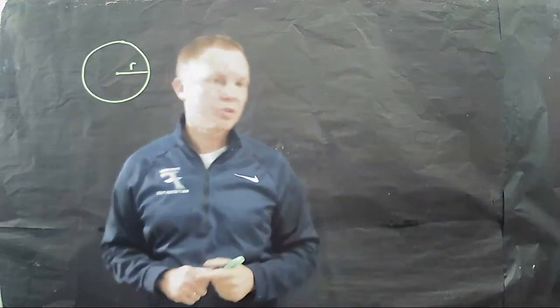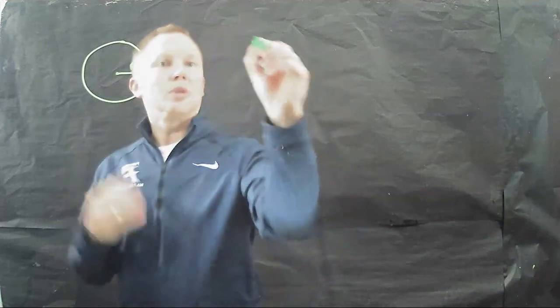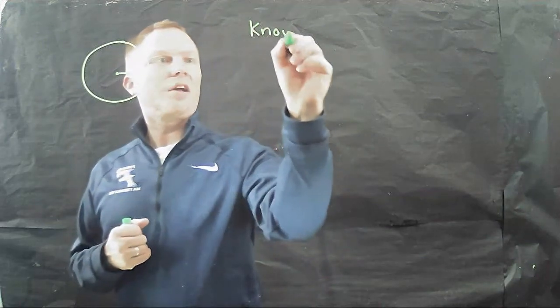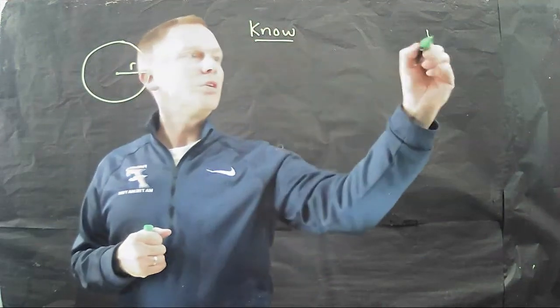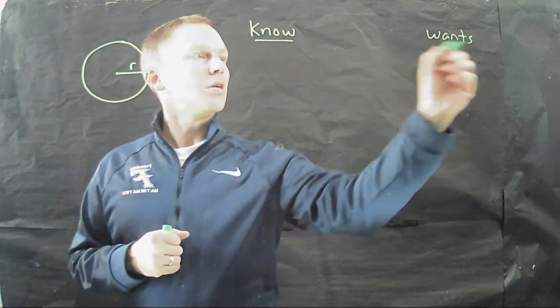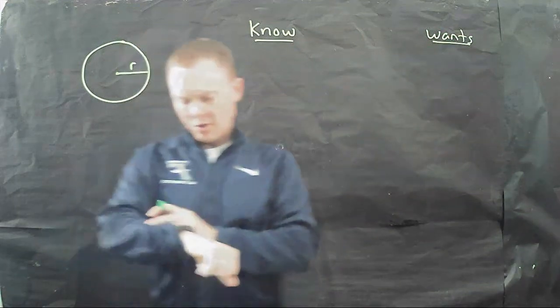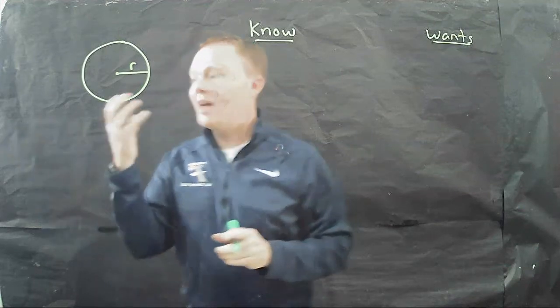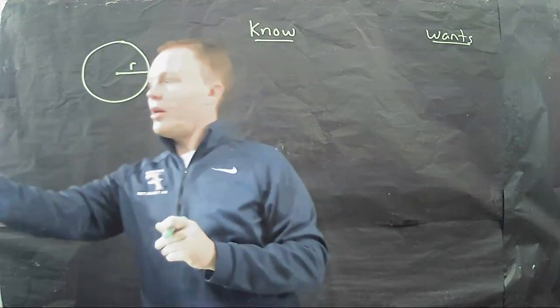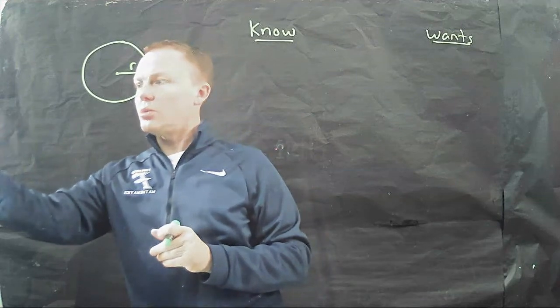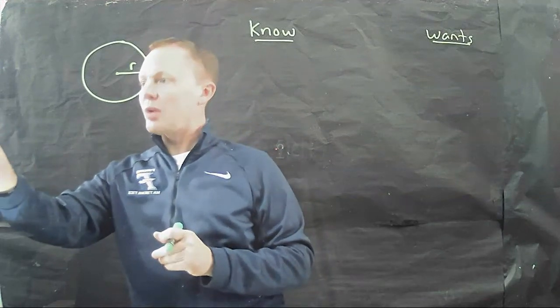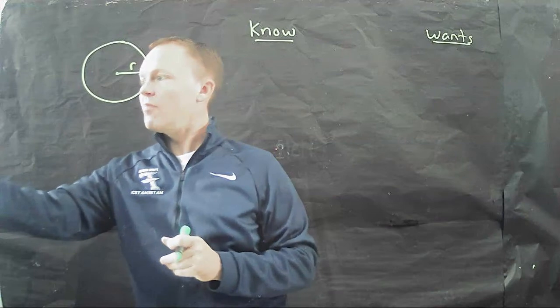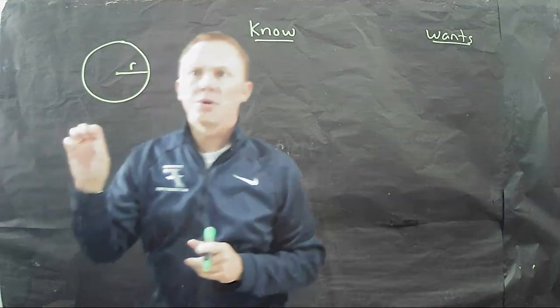Okay, and now the next step, once you have a picture and some variables assigned, is what I like to do: identify the knows and the wants. The knows and the wants. In this particular problem, I am being told that the rock is thrown into a smooth pond, creating a circular ripple that spreads outwards at a rate of 0.5 feet per second.